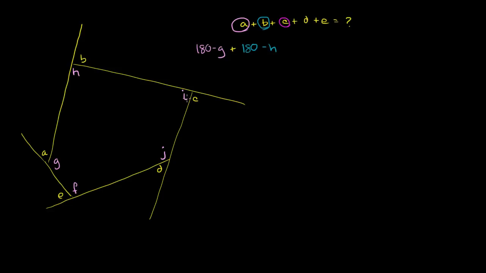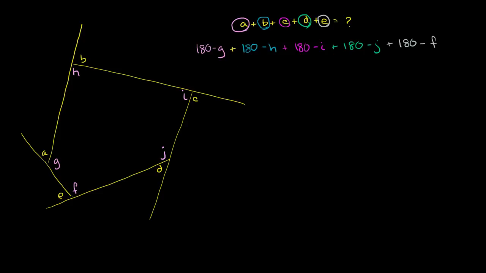C we can write as 180 minus I. So plus 180 minus I. And then D we can write as 180 minus J. So plus 180 minus J. And then finally E, I'm running out of colors, E we can write as 180 minus F. So plus 180 minus F.